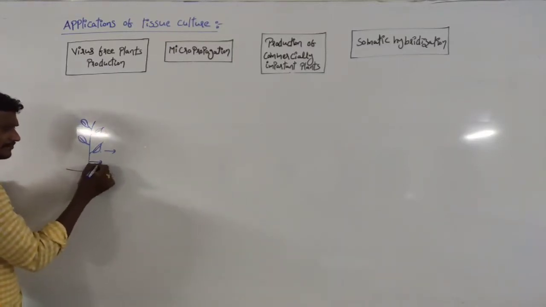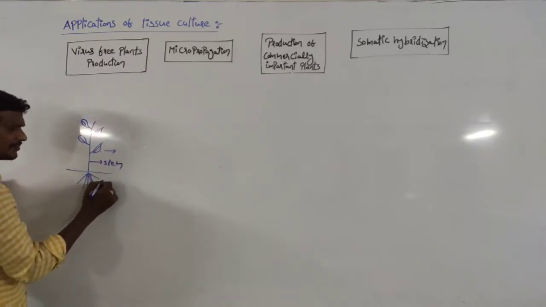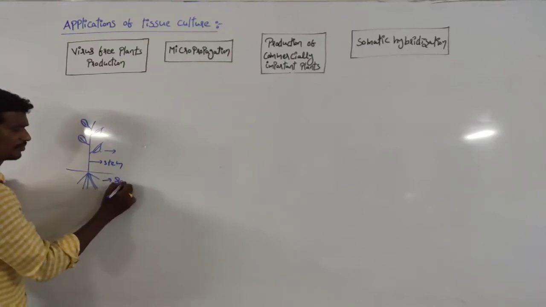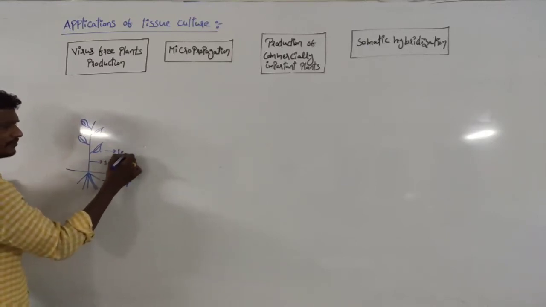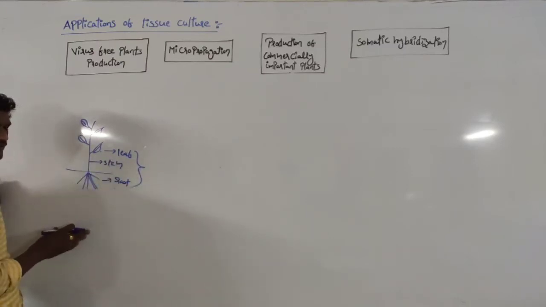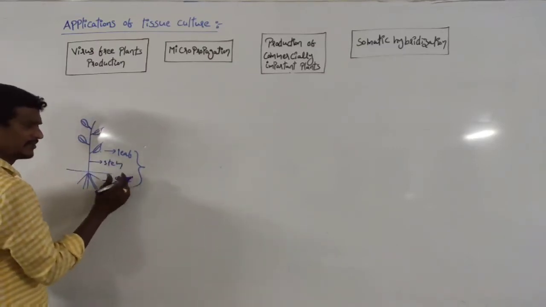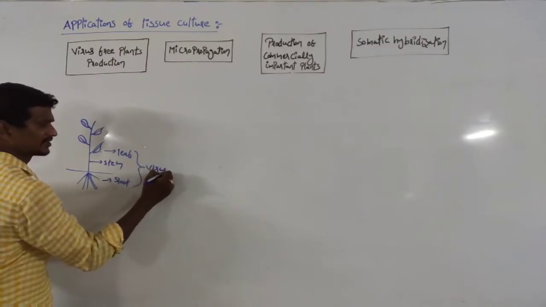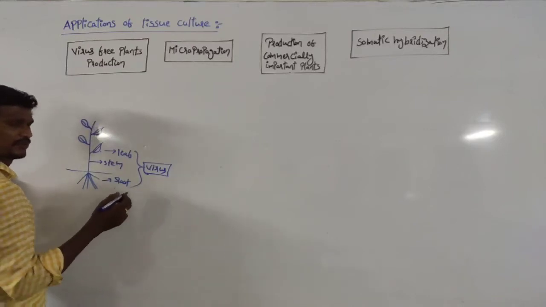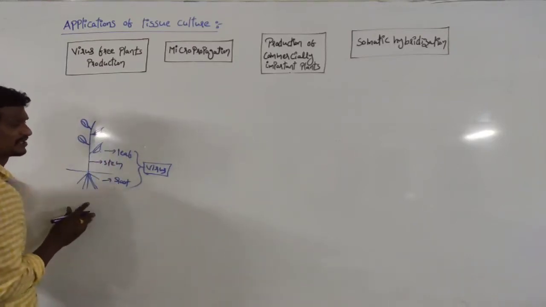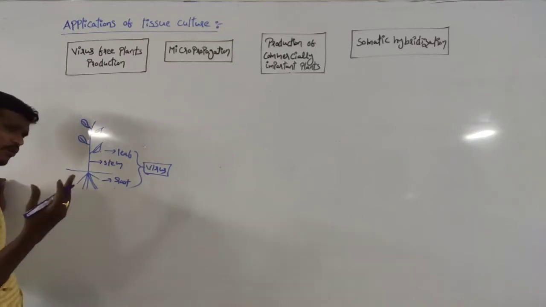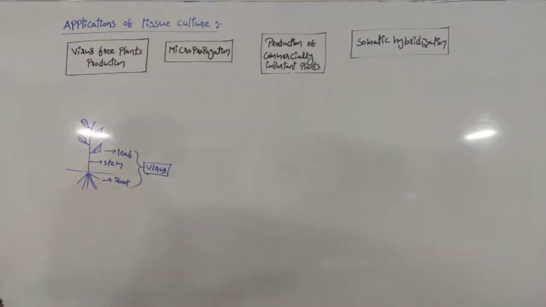And if we take the stem or the root, these parts may already be affected with the virus. The next generation plants produced by tissue culture also have the virus. Then how can we produce virus-free plants?